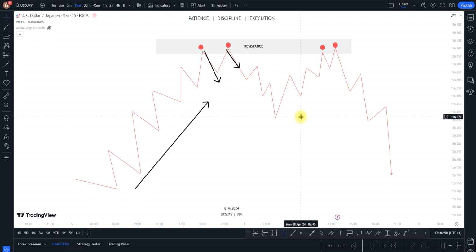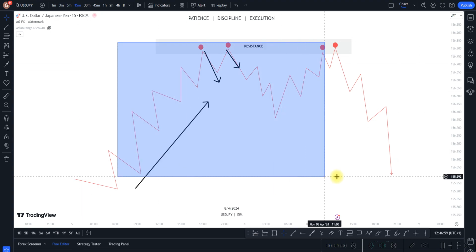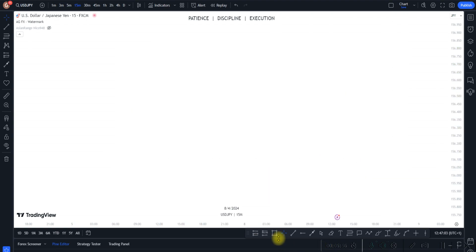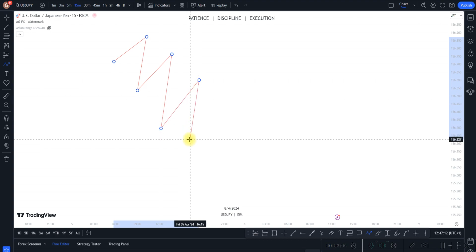So now let's quickly look at the other one, which is the support zone. For the support, we are going to be in a bearish trend, which means the market is selling.